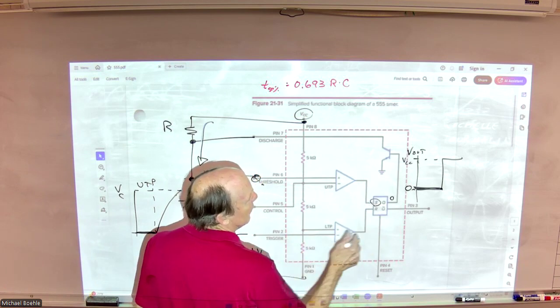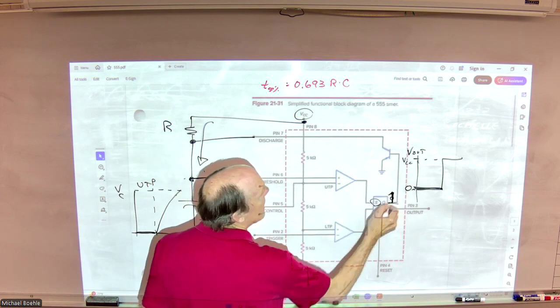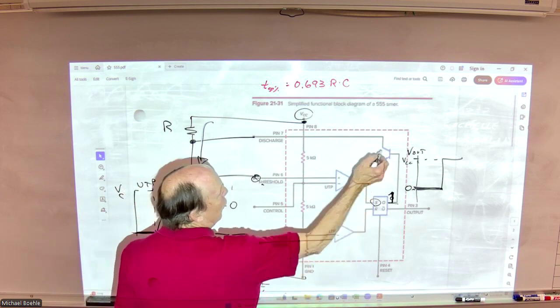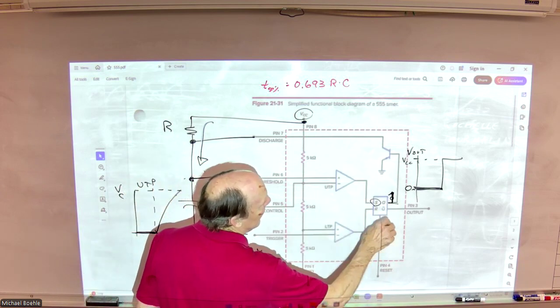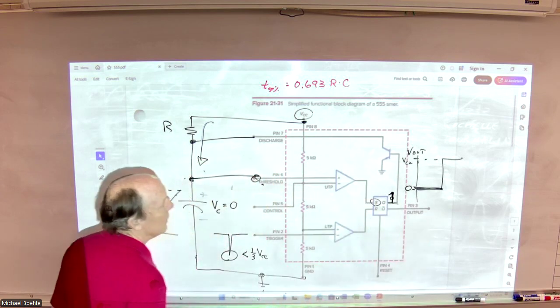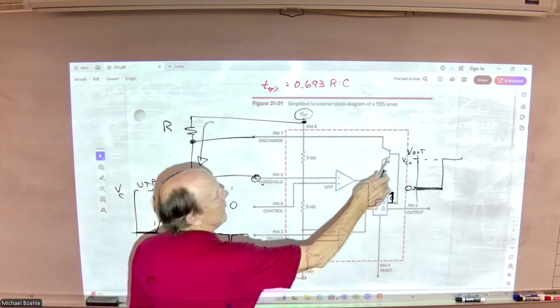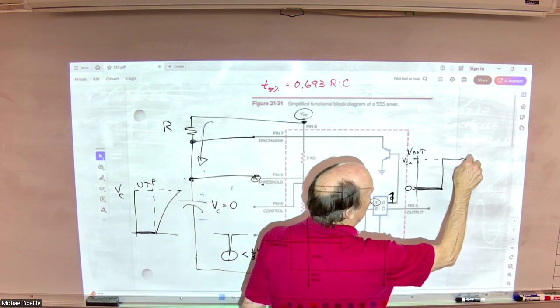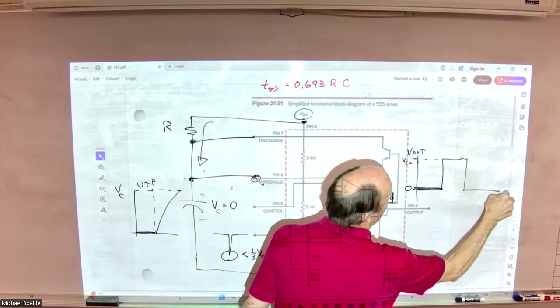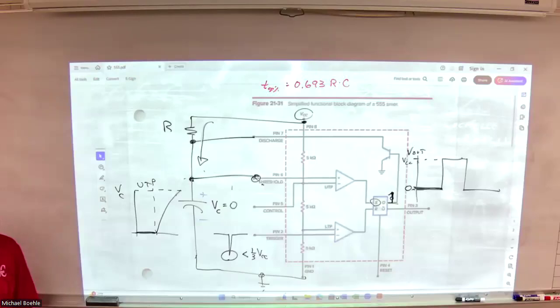We set, which makes Q go high, which turns this transistor on, and it makes the output go low. So while this capacitor is charging, the output voltage is high, and then it goes low. Back to my stable condition, and I sit there waiting for my next trigger.